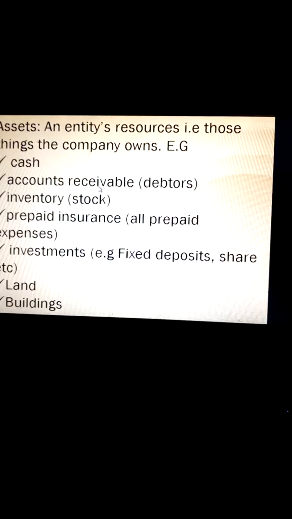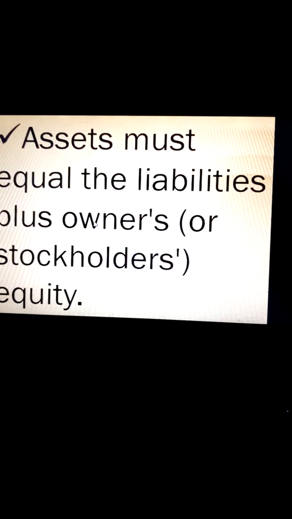They are all assets, and the assets are divided into two. We have the current assets and the non-current assets. Also, assets must equal the liabilities plus owner's fund or owner's capital or owner's equity.